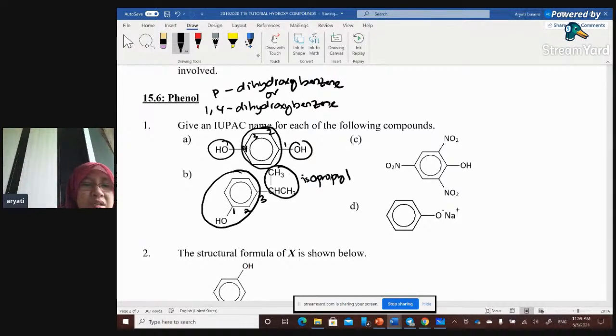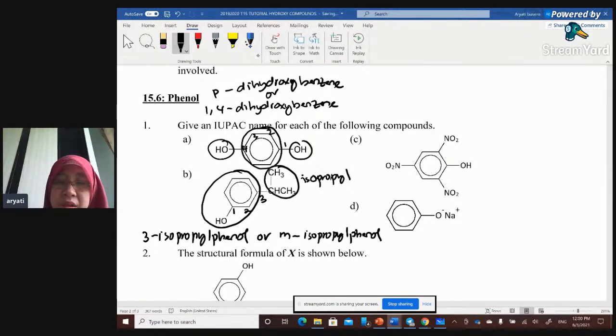So ini ialah 3-isopropylphenol, or combination 1,3 is meta-isopropylphenol.